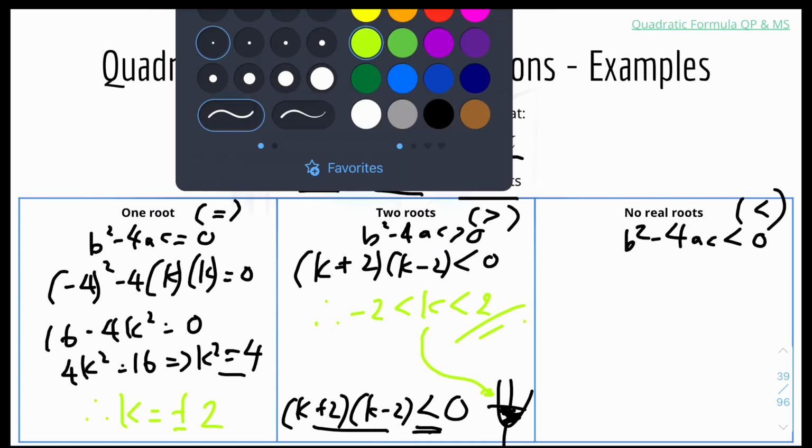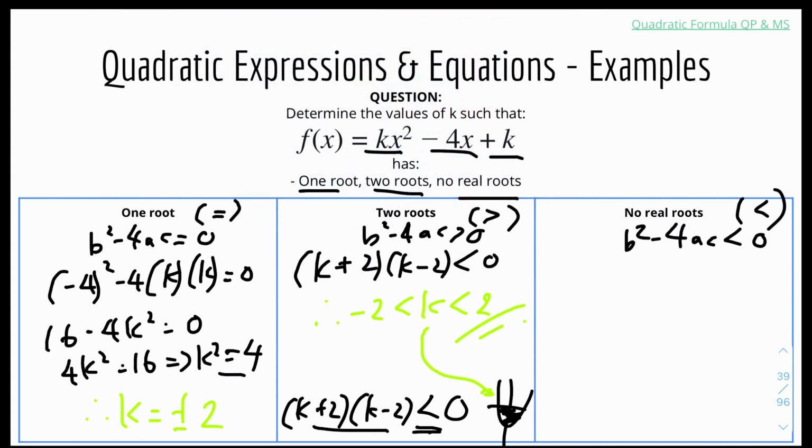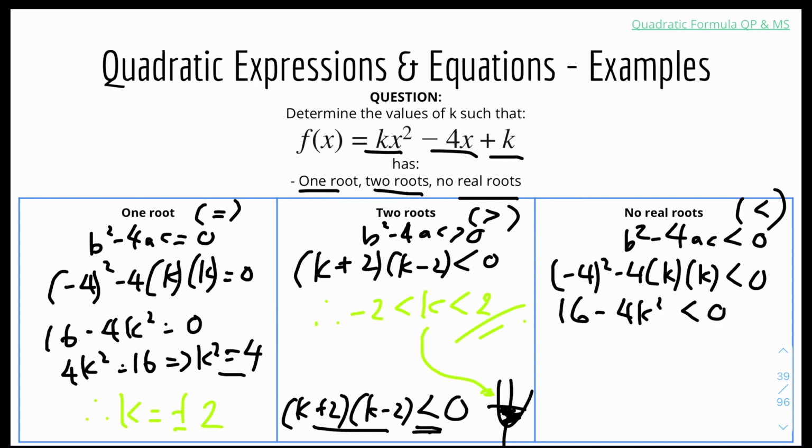And then for number 3, no real roots, as well as just now, minus 4 squared minus 4k times k smaller than 0. It will be 16 minus 4k squared smaller than 0. And we've learned from just now, we can just factorize the 4 out of both sides. So it will be 4 minus k squared smaller than 0.